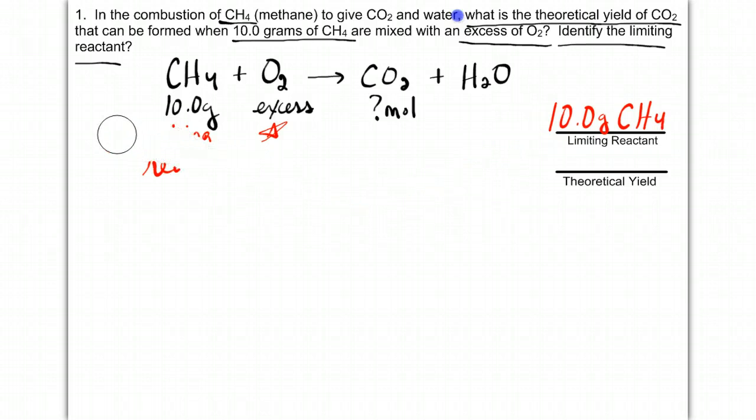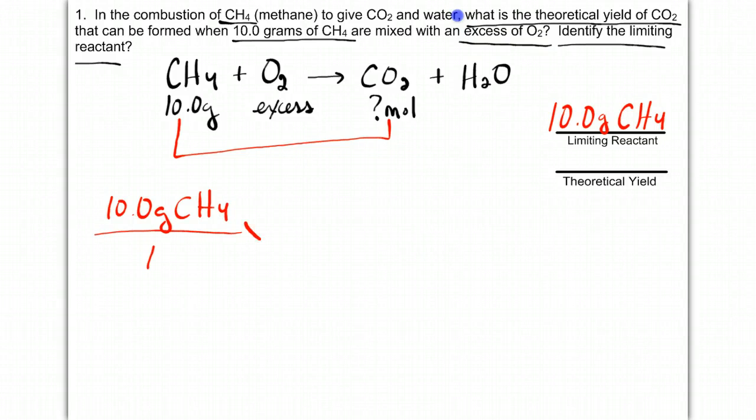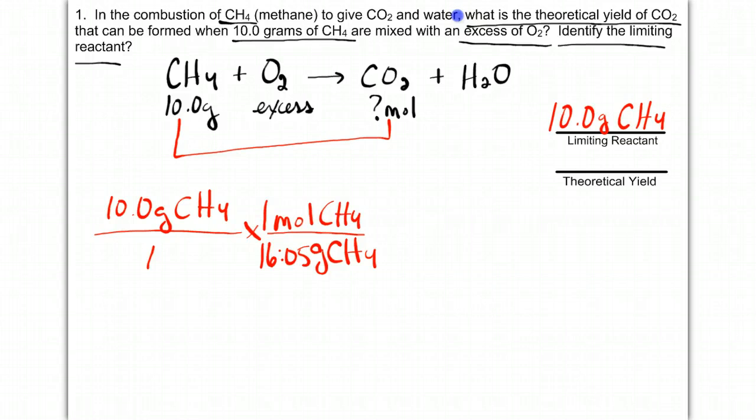Now that I know what my limiting reactant is, I'm going to go ahead and solve for the theoretical yield. We're going to stoich from 10.0 grams of CH4 to moles of CO2. And so I'll start by putting my 10.0 grams of CH4 over 1, times, draw a line, bring down your grams of CH4. I want to go to the periodic table to get the molar mass, which is going to be 16.05, and that equals 1 mole of CH4.